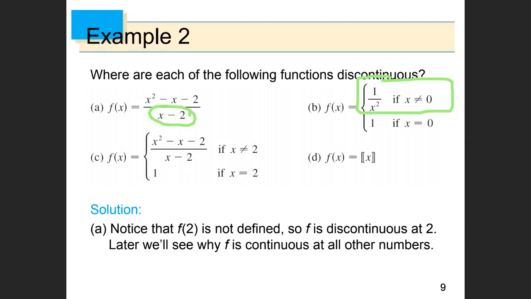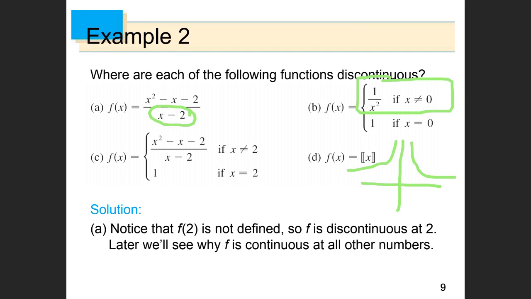But if you look at C, C here is a very tricky one. Someone wants me to repeat B. So for B, if you sketch 1 over x squared, let's do a quick sketch, you get a function that dies down like that, and it happens on both sides. Whether x is positive or negative, you're going to get this kind of function, because your output always has to be positive.